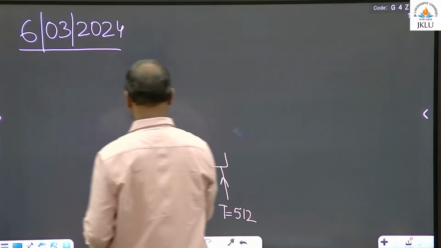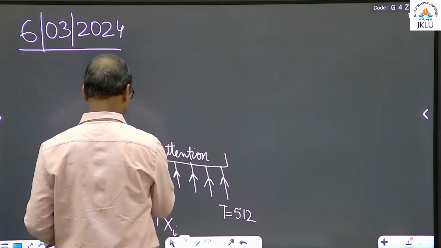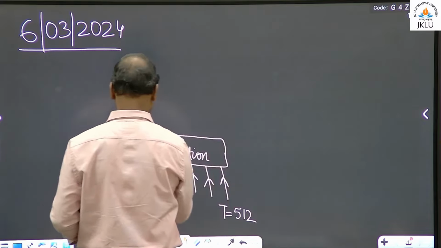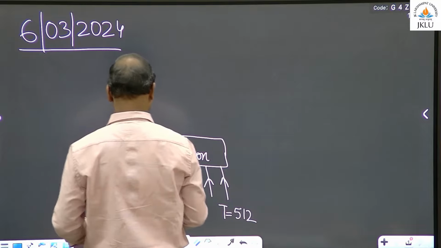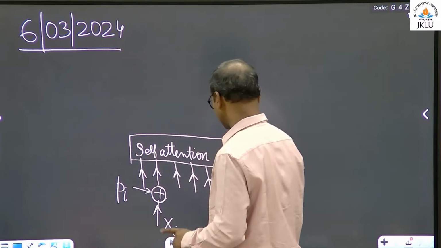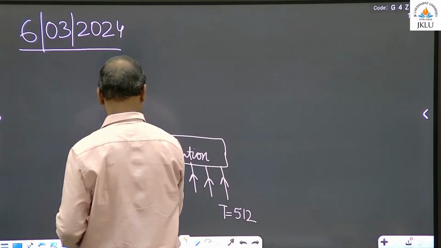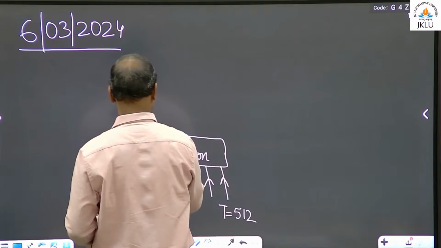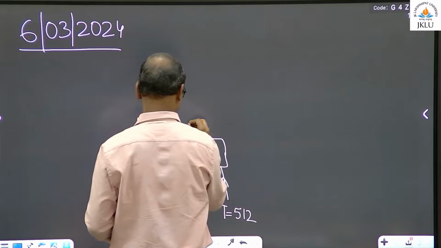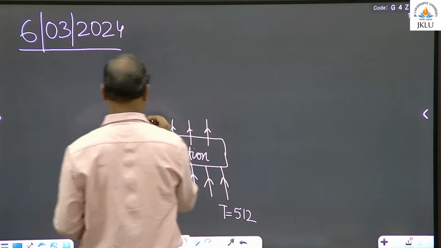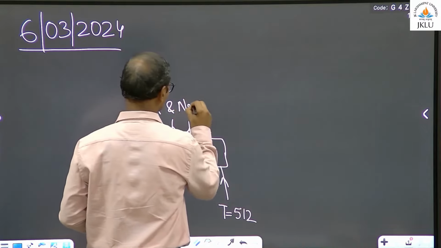After self attention we saw add and norm. You have the output of this add and norm.